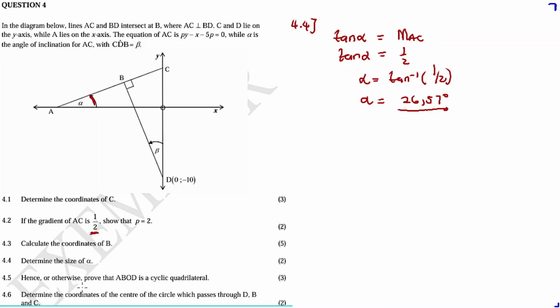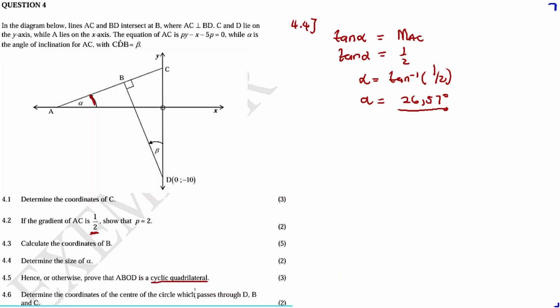4.5, hence or otherwise, prove that ABOD is a cyclic quadrilateral.